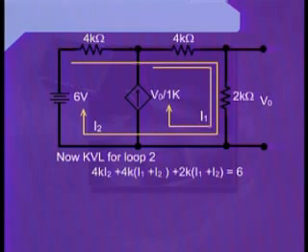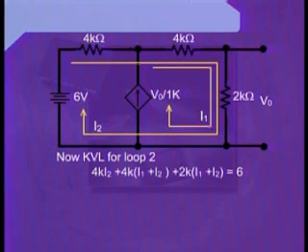As we complete this term, we move to the next circuit element, which is also a resistance having a 4 kilo value. So we write plus 4K. However, we can see that through this 4 kilo ohm resistance, there are two currents which are flowing, and these two currents are I1 and I2.